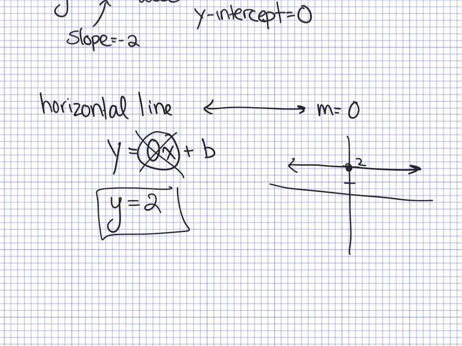And then the other weird one would be a vertical line. So let's say we had a vertical line that goes through 3 on the x-axis. Mine doesn't quite go through there because I can't draw a straight line. There we go. Okay, so say we had a vertical line, and now we know our slope is undefined.